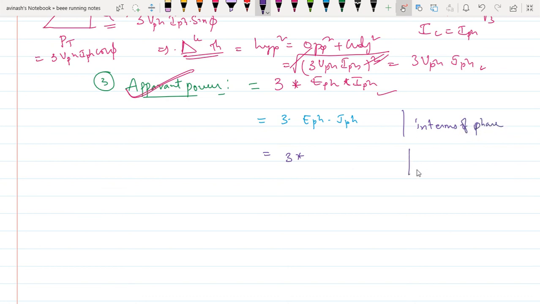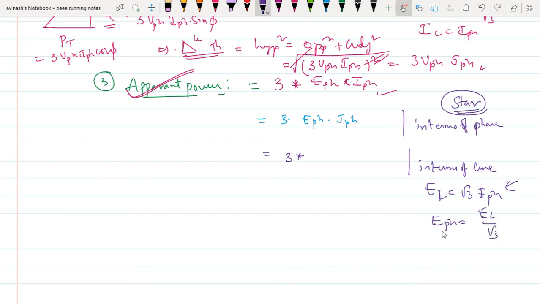If you want to find it in terms of line, since we are doing this for a star connected load, line voltage is equal to root 3 times the phase voltage. Then phase voltage is equal to what? Line voltage divided by root 3. And what about the line current and phase current? In case of star, both are the same.